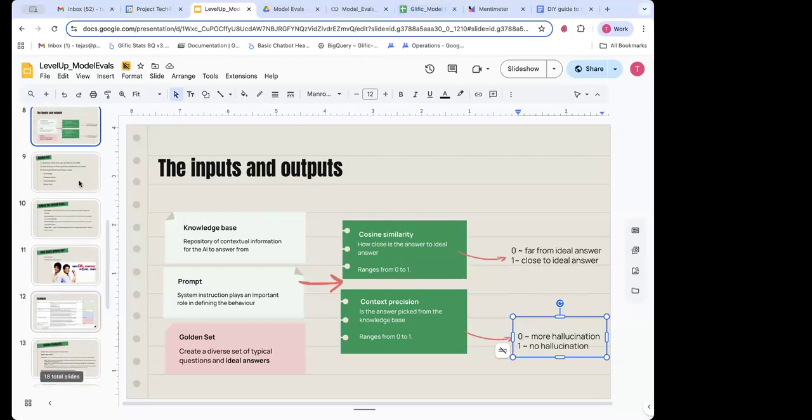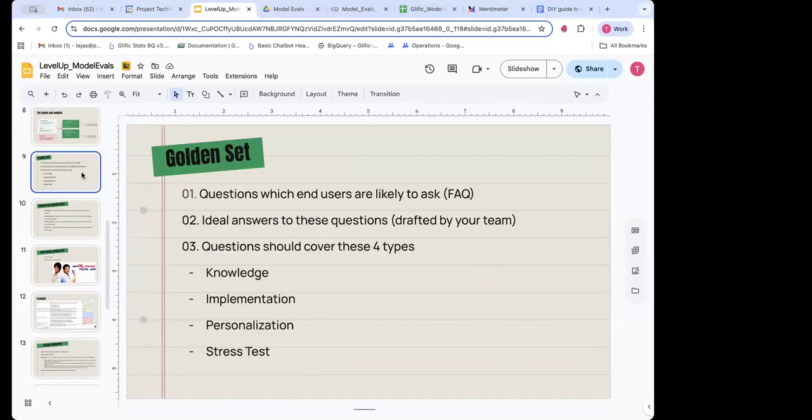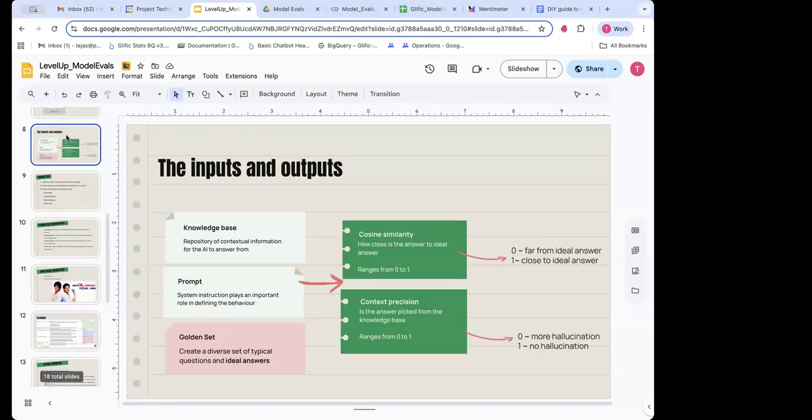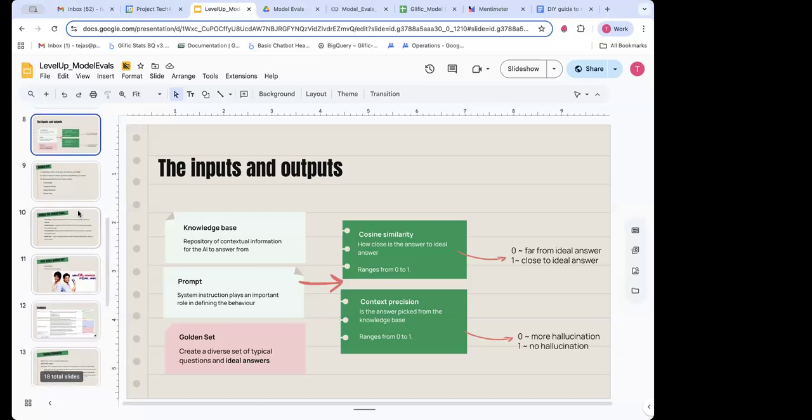I will try answering, Gulshanji. You have a golden set of questions, because without a golden set you cannot test if it is accurate or not. You need questions, and when you have a question, you will also have an ideal answer. All you don't have is a knowledge base, so your context precision will be close to indicating that there is hallucination, because there's no knowledge base it is comparing against.